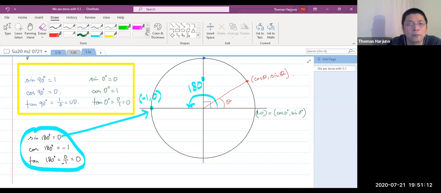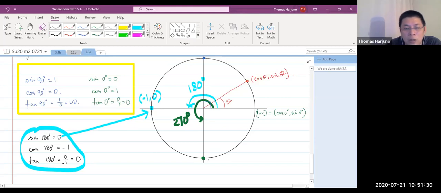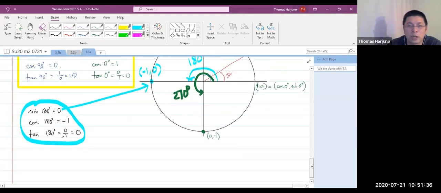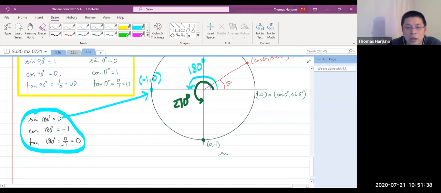Going further, this is 270 degrees. The coordinate there is 0, -1. So we can see that sine 270 degrees is -1.